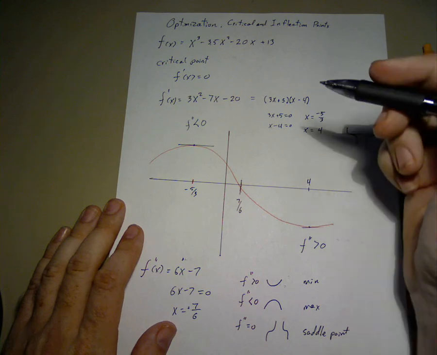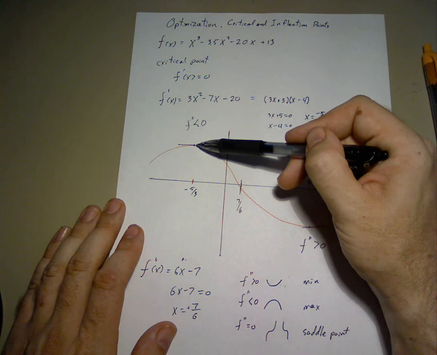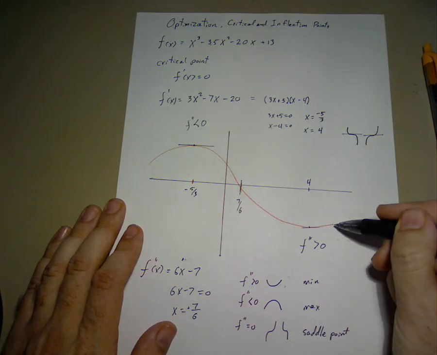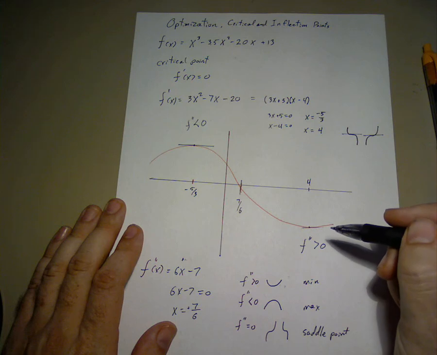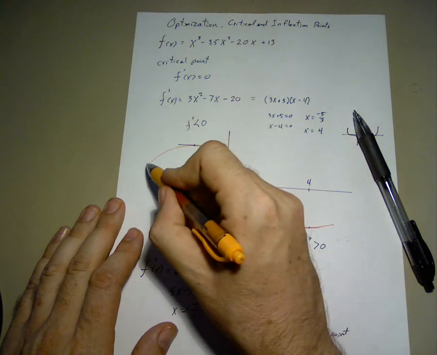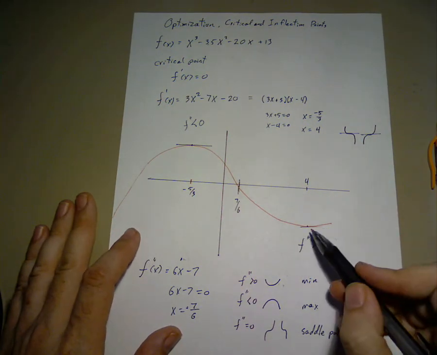The global max of this function is this point, because there's no other maximums that are higher, though you want to check endpoints. This one may end up getting higher. The global minimum, except perhaps for endpoints, because this function may continue on further down, will be this point right here.